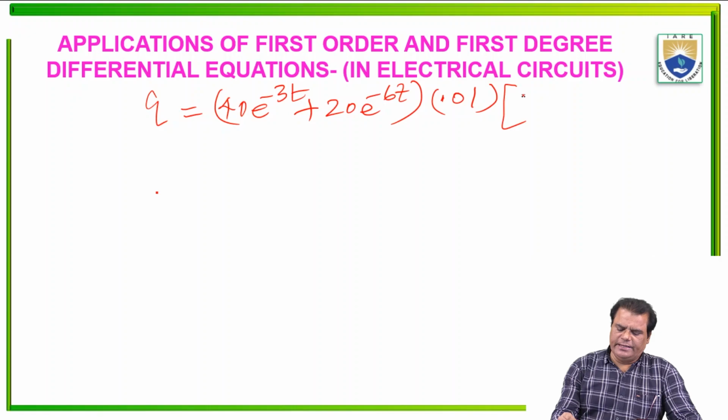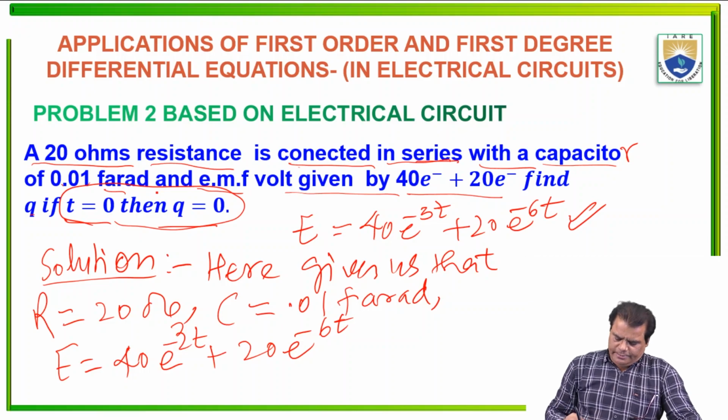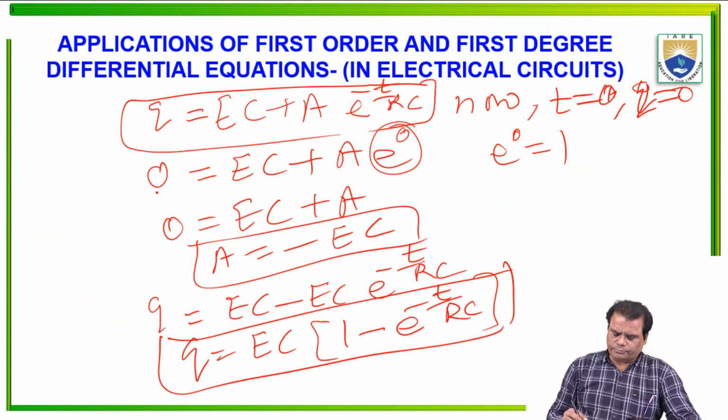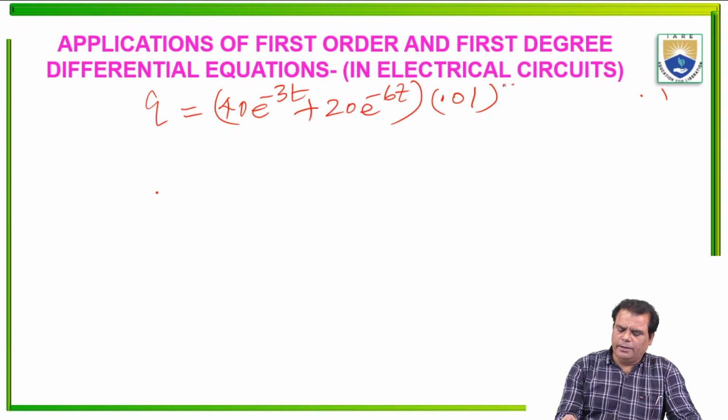And here 1 minus e to the power minus t upon RC. R and C: so e to the power minus t, where t is variable here. R is 20 and C is 0.01.